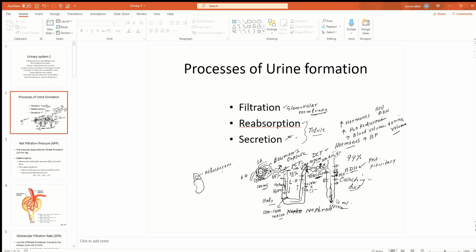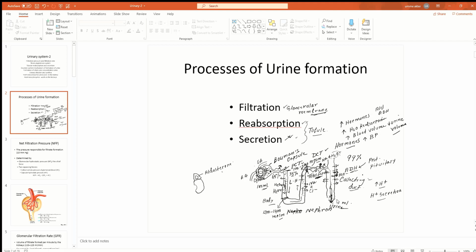And two chemicals are secreted a lot through the wall of the nephron. One is hydrogen ion. You remember I said if hydrogen ion concentration increases, that causes acidosis, right? So in that case, hydrogen secretion would help. That means hydrogen will get out through the urine, okay?